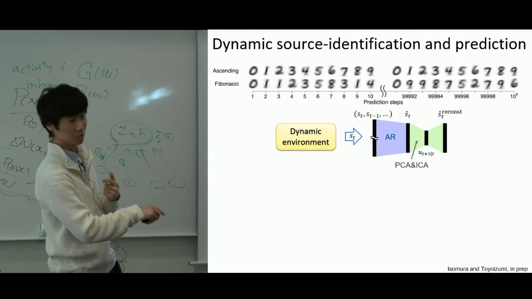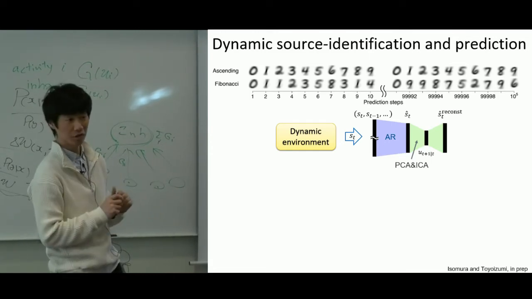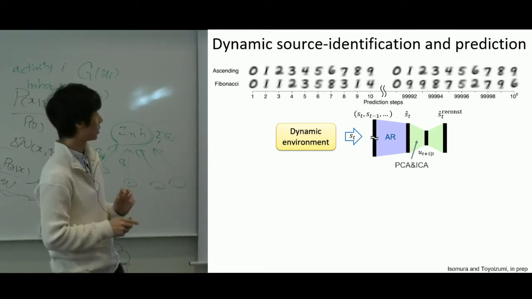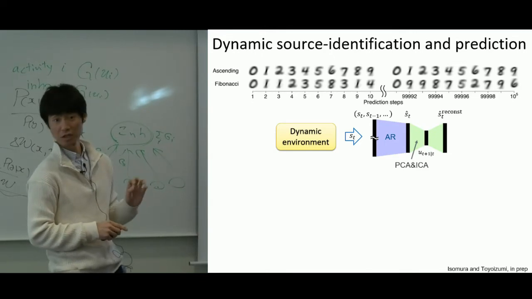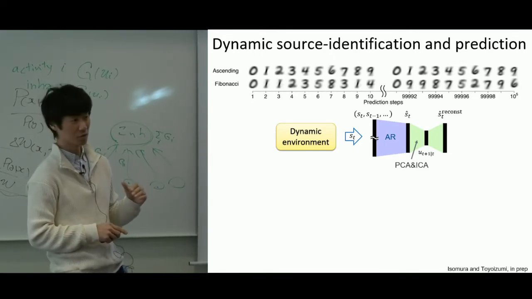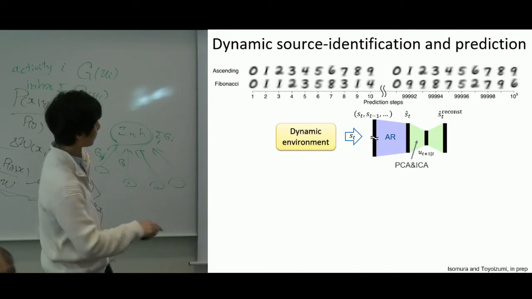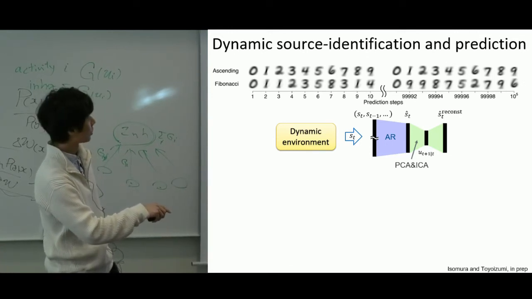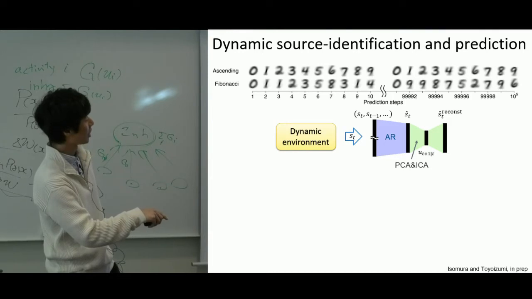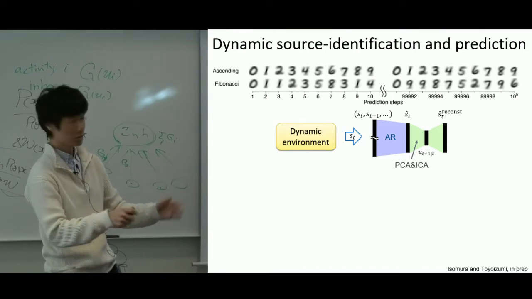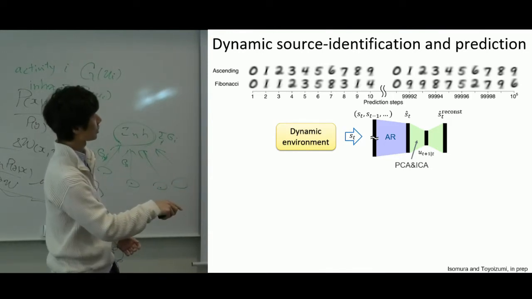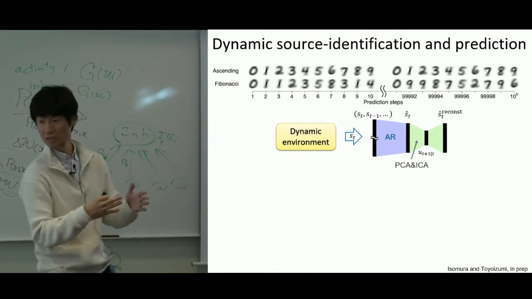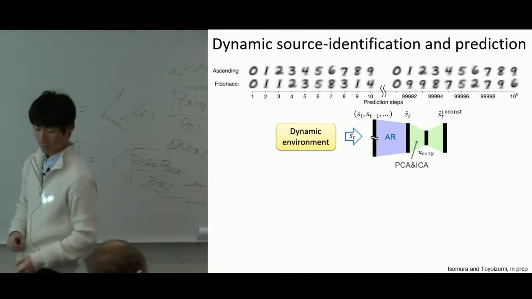This is called an AR process, a vanilla AR model. But that is not sufficient, because it tends to overfit the data. So some compression is useful. So we compress this AR estimation by applying PCA and ICA to separate independent sources and reconstruct this compressed prediction.